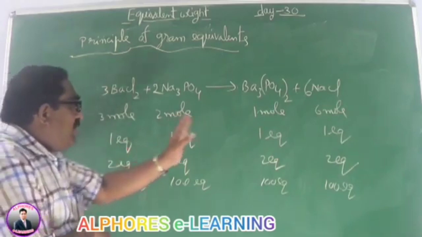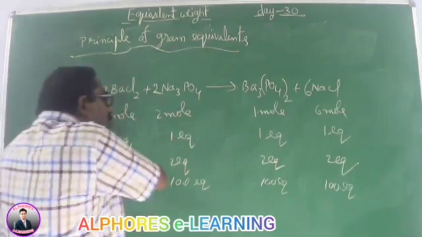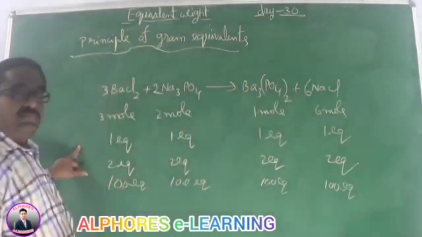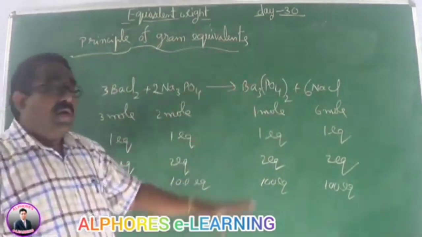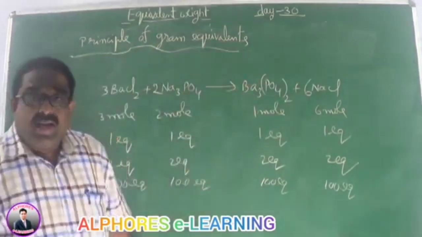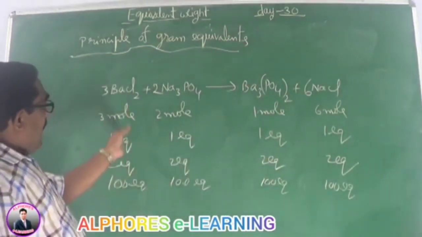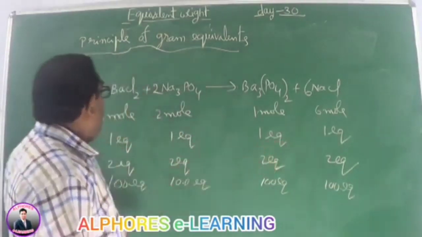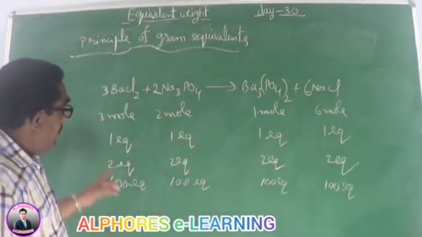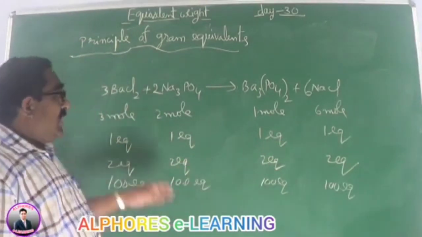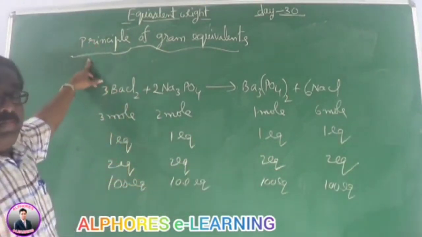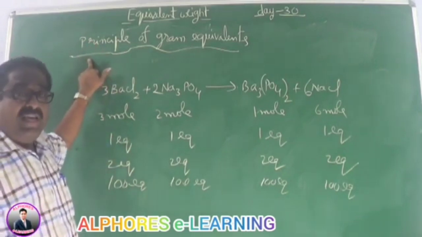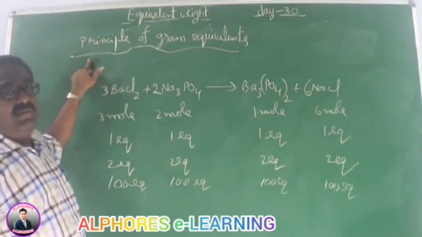One equivalent, one equivalent, one equivalent, one equivalent. The equivalence number should be the same throughout for all the chemical components involved in the reaction, both reactants as well as products. So moles may be different, but equivalents are the same. That is nothing but the principle of gram equivalence.